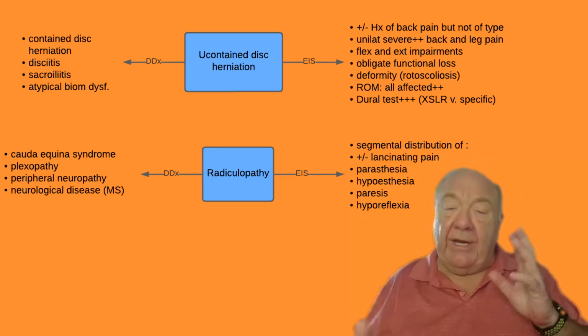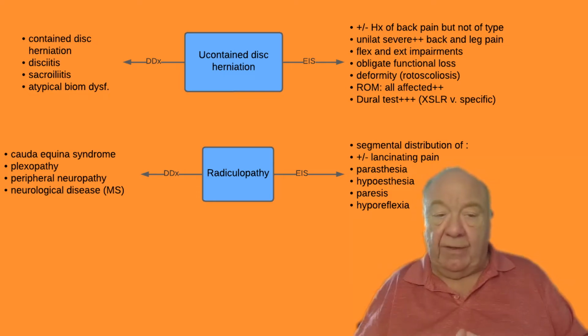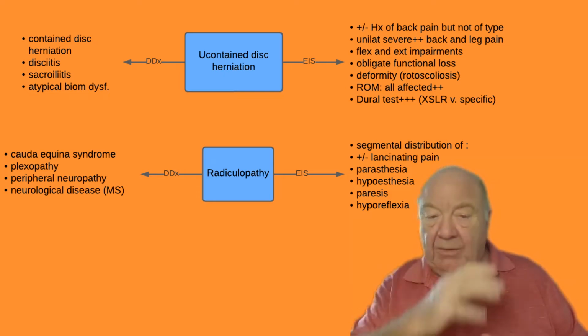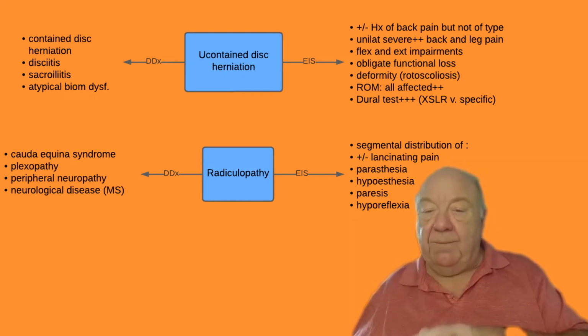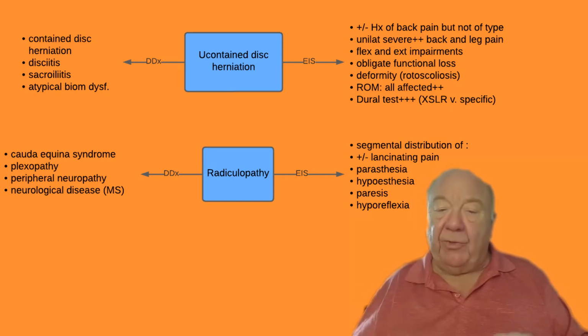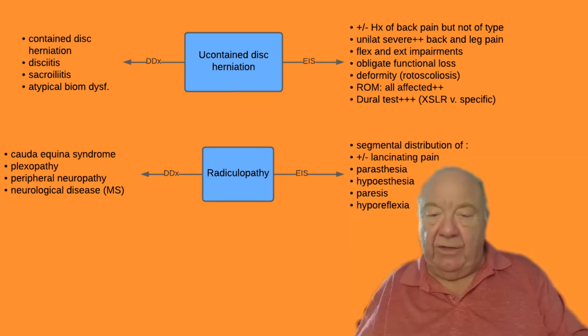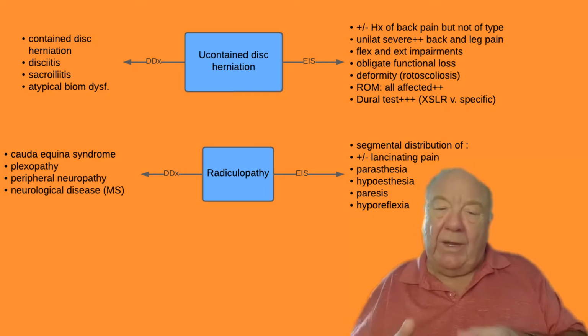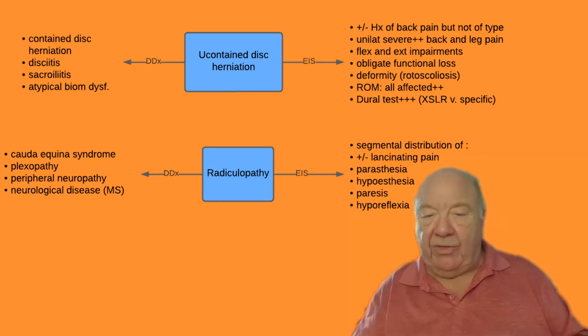Now, you can have these without radiculopathy. More commonly, they're associated with a radiculopathy. So what you'll see with the radiculopathy is a segmental distribution of lancinating pain, paresthesia, hypoesthesia, paresis, hyporeflexia. It doesn't have to be all of these at all. Any one of these would argue that it is a radiculopathy.